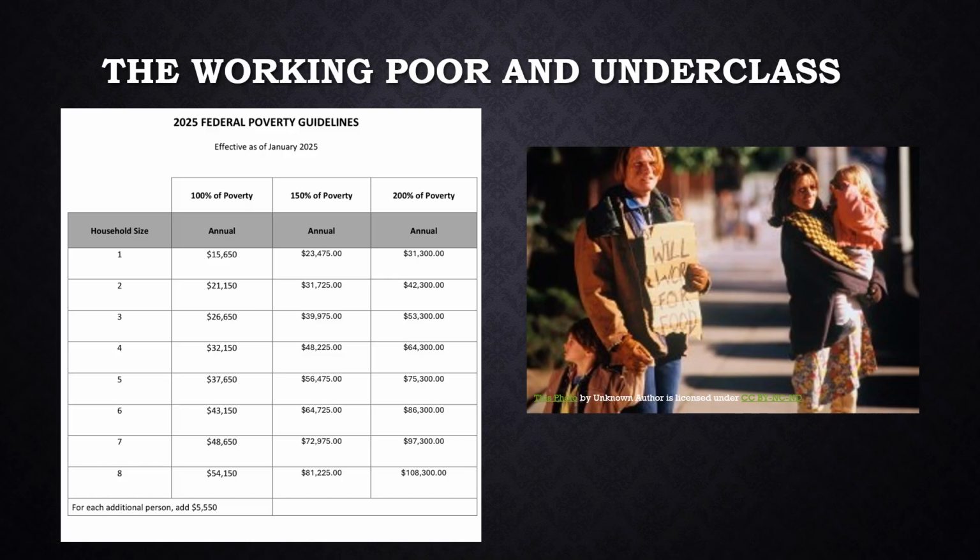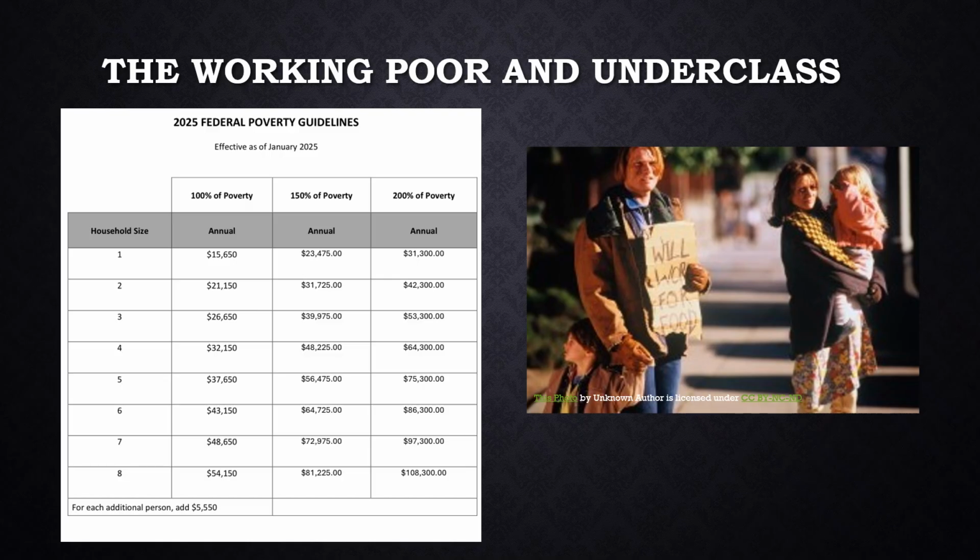To be at the 150%, you're going to go up to 31, and of course 200%, you're going to be at 42,500.